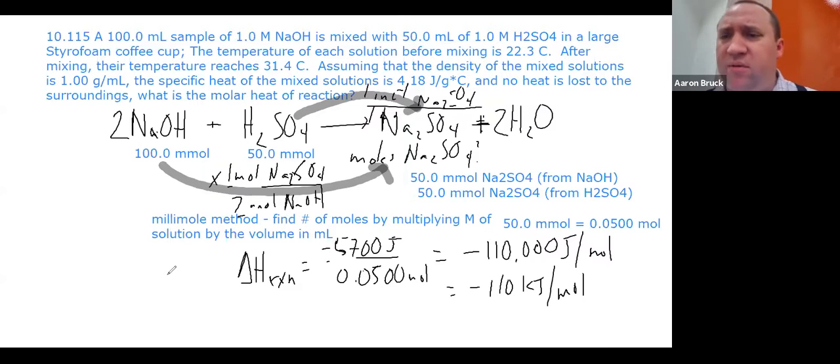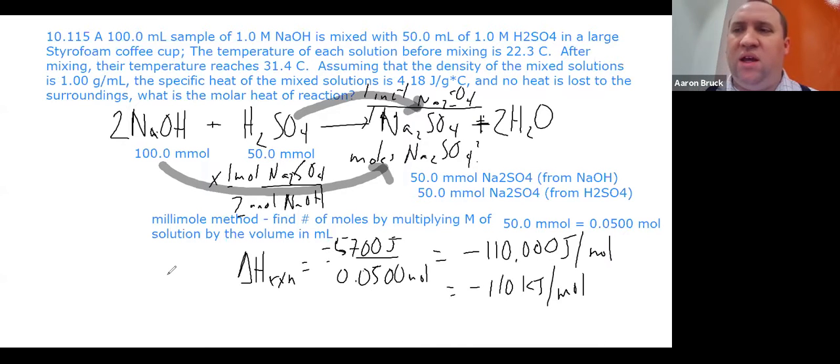Now, a question that some of you might ask is, well, why didn't we convert this to water? Well, if you can see there, the coefficient for water is 2. And so we would end up getting a heat of reaction that was not to 1 mole, but rather to 2 moles of water. So whenever you can, if you have a product that has a stoichiometric coefficient of 1, use that one.